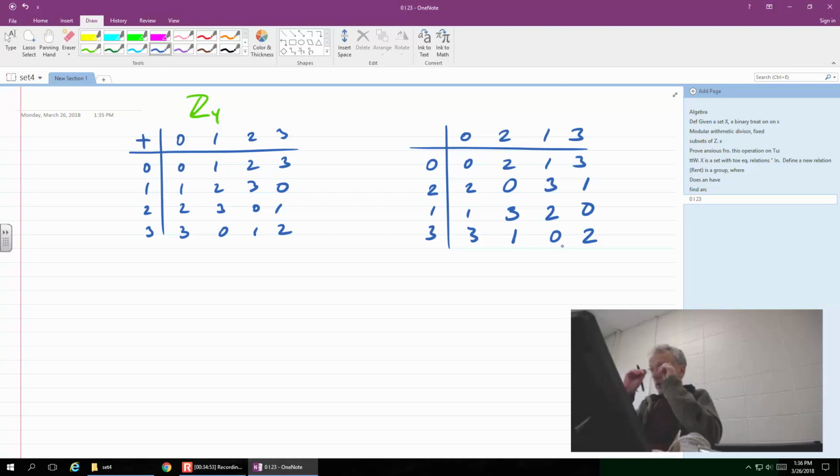Now this is the trick of how we can see another copy of Z2 here. Here it is.